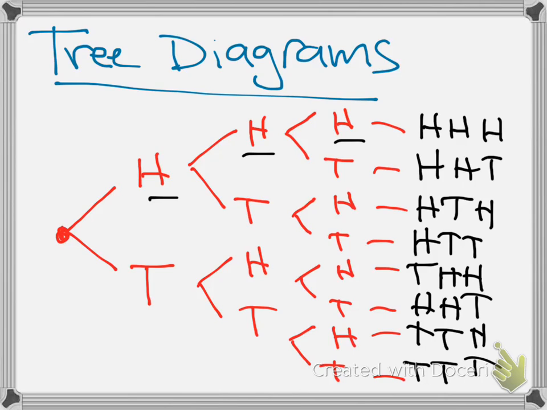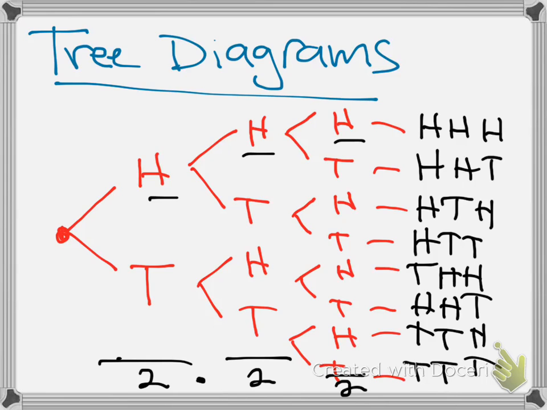So here in our example, we had sort of round 1 where we tossed the first coin and there were 2 possible outcomes, heads or tails. And then in round 2, when we tossed the second coin, there were 2 possible outcomes. And then in round 3, when we tossed the third coin, again, there were only 2 possibilities, heads or tails.